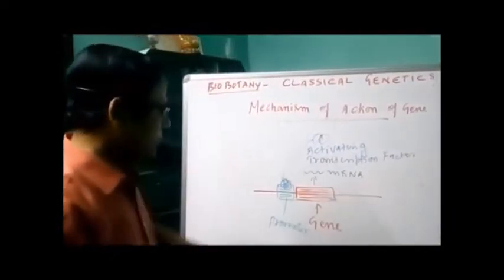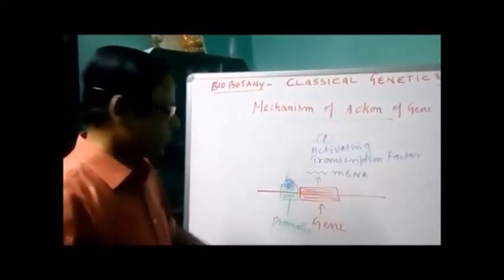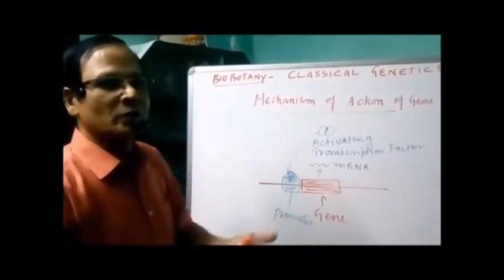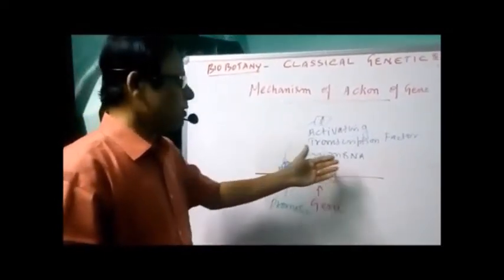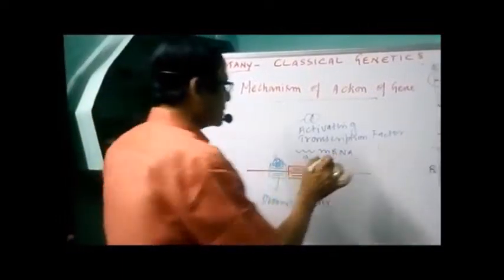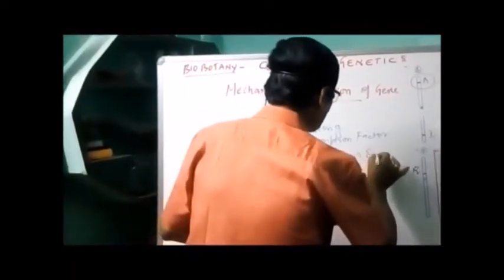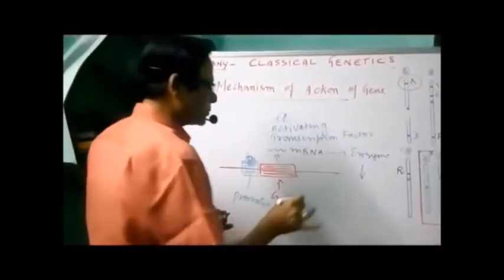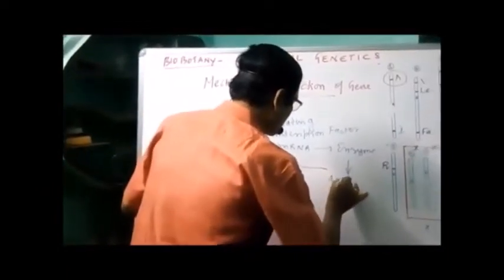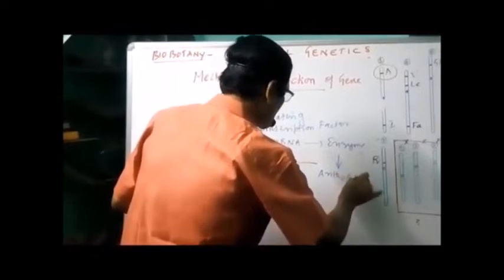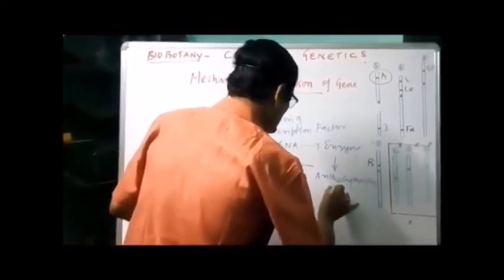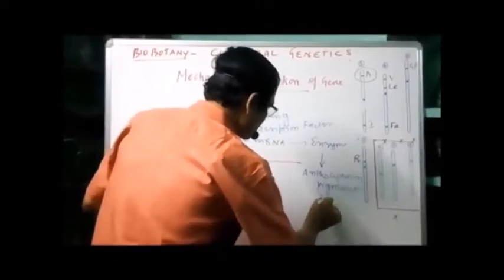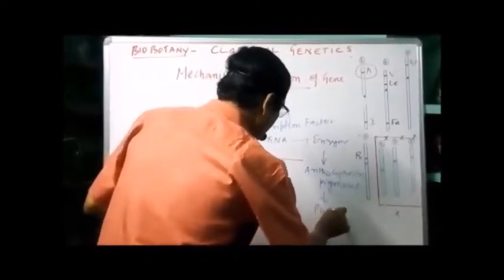So normally this is the transcription process. The gene is being transcribed, that is nothing but copying into mRNA. The mRNA is being produced and is translated to form an enzyme. This enzyme is responsible for the production of anthocyanin pigment. So accumulation of anthocyanin pigment results in purple color.